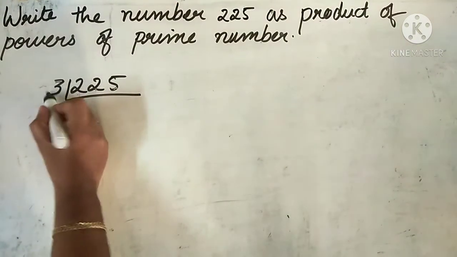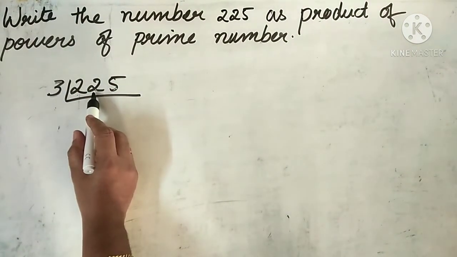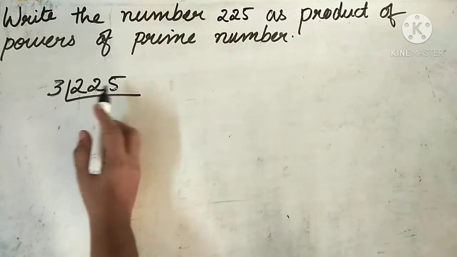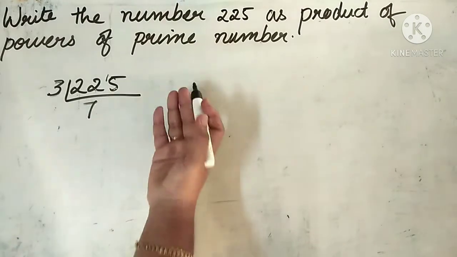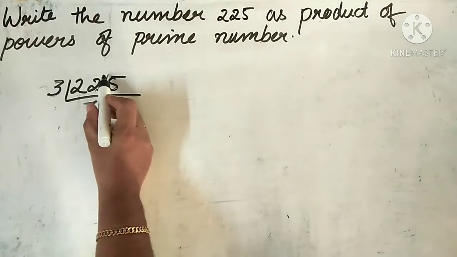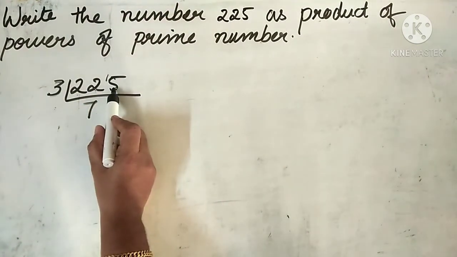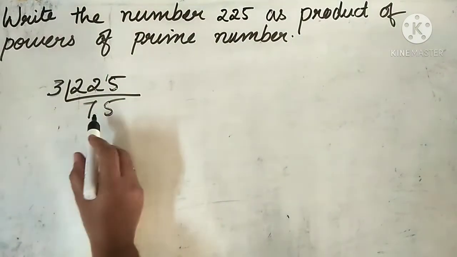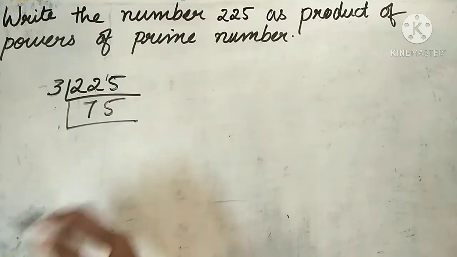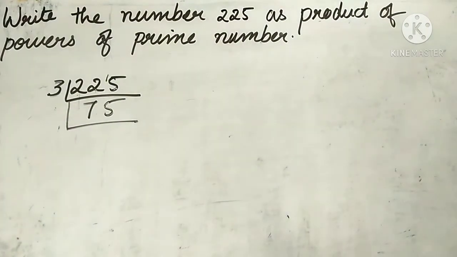In 3's table, 22 will not go, but 21 will go. 7 times 21. Balance 1, I give it to the next number. So 5 becomes 15. 15 will go 5 times in 3's table. So we get 75. Again we divide. Is it possible to divide by 2?